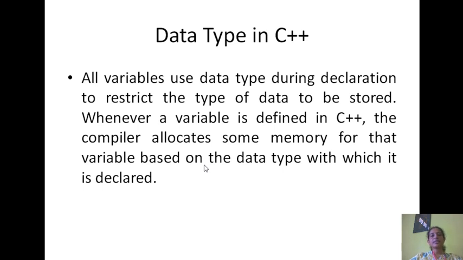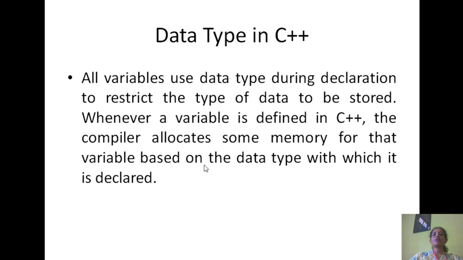So next one is the data types in C++. When we have to declare variables, then before declaring the variable we have to know what type of value we have to store in that particular variable, and for that type of classification, one data type is required.